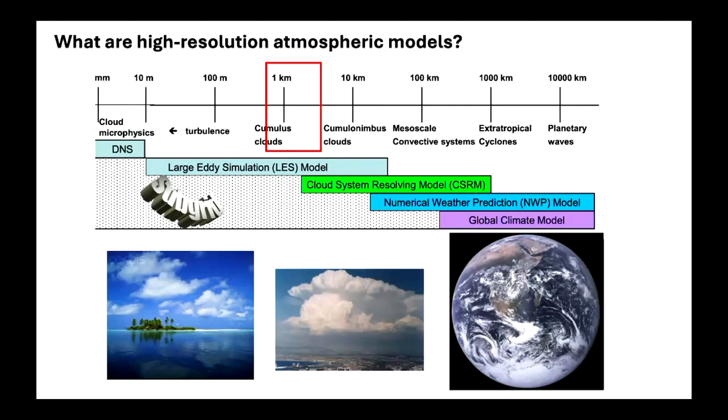But in this lecture today, we're just going to focus on a specific range of scale around a few kilometers, usually between 1 to 5 kilometers, and that's what we call the cloud resolving scale or convection permitting scale. This is the scale where you could realistically represent things like mesoscale convective cloud systems that look like this, as well as some individual clouds, including fair weather cumulus that look like this.